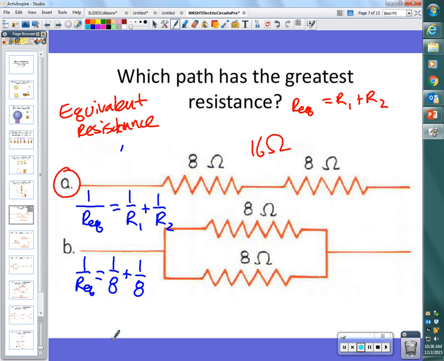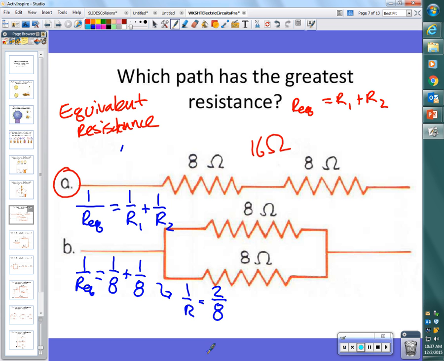On the right-hand side, we're adding fractions together. They have the same denominator, so we can do that, right? So this equation now becomes 1 over R equals 2 over 8, yes?